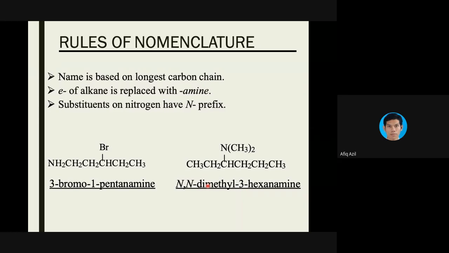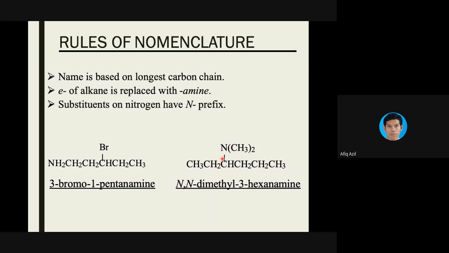And then what else is there is this CH3, 2 methyl groups bonded directly to the nitrogen. So once you have 2 methyl groups, it will be written as dimethyl: dimethyl 3-hexanamine. But these methyls are bonded to the nitrogen, not to any of the other carbons, so you cannot write numbers.